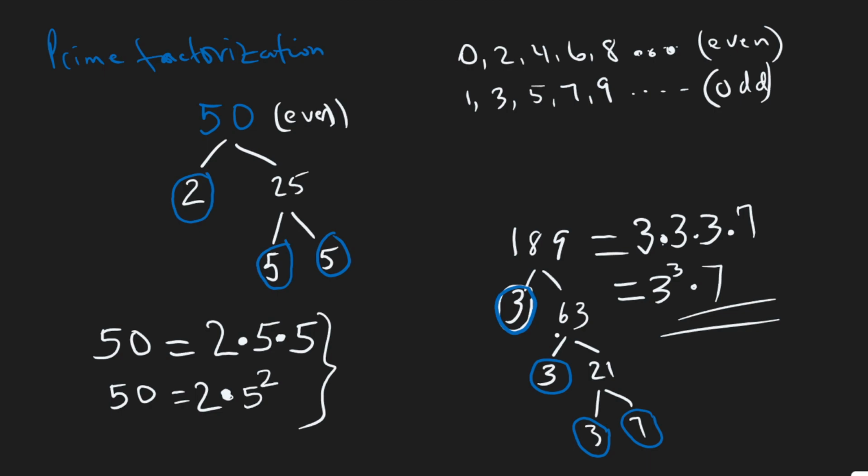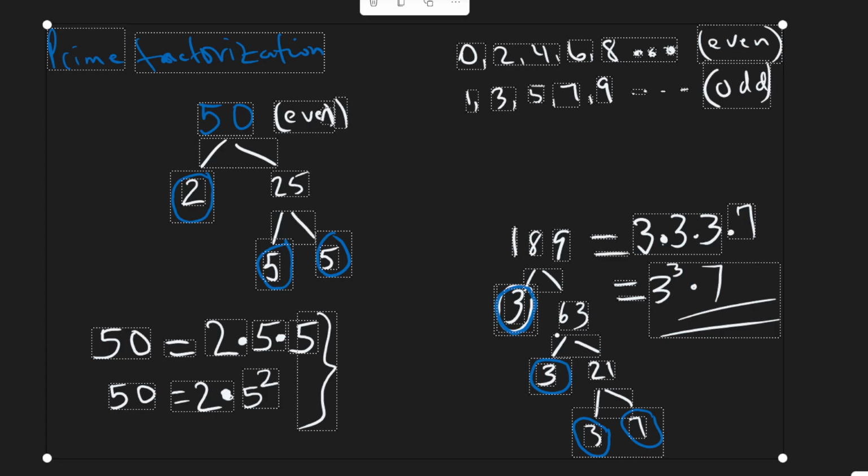And let's go and simplify this fraction using prime factorization. We're going to simplify this fraction I'm going to give you right now by using prime factorization. So the fraction is 30 over 36.